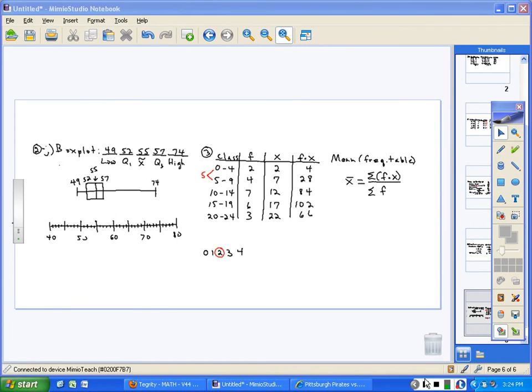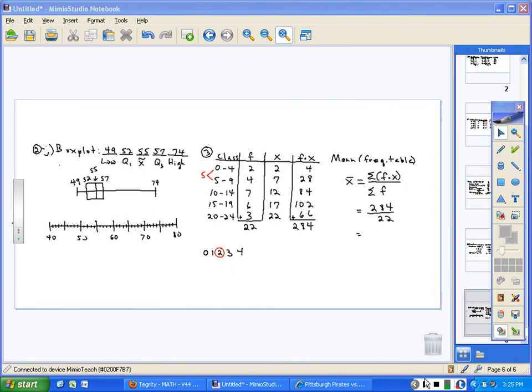So what we need to do is add up the F times X column, which is the last one we did, and that adds up to 284. And then we also have to add up the F column, and that adds up to 22. So we come back here to our fraction, and our numerator is 284, and our denominator is 22.